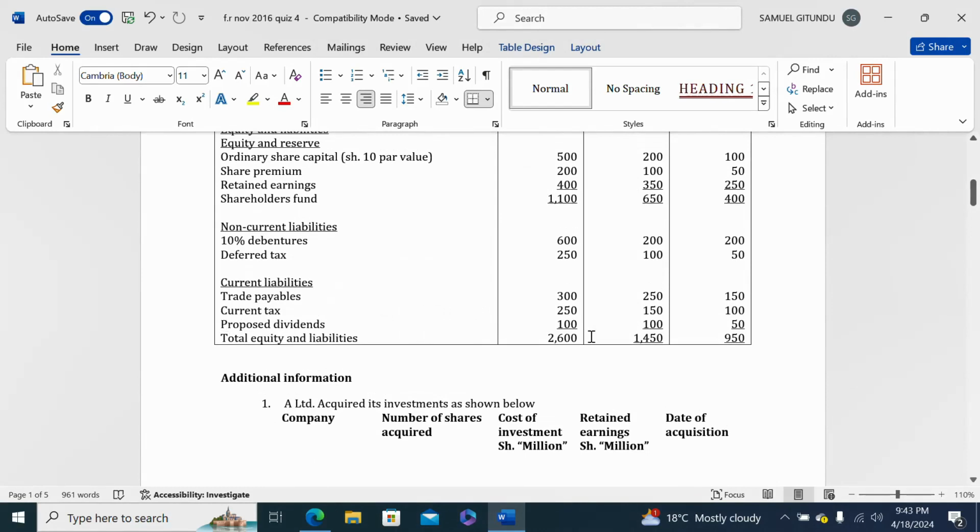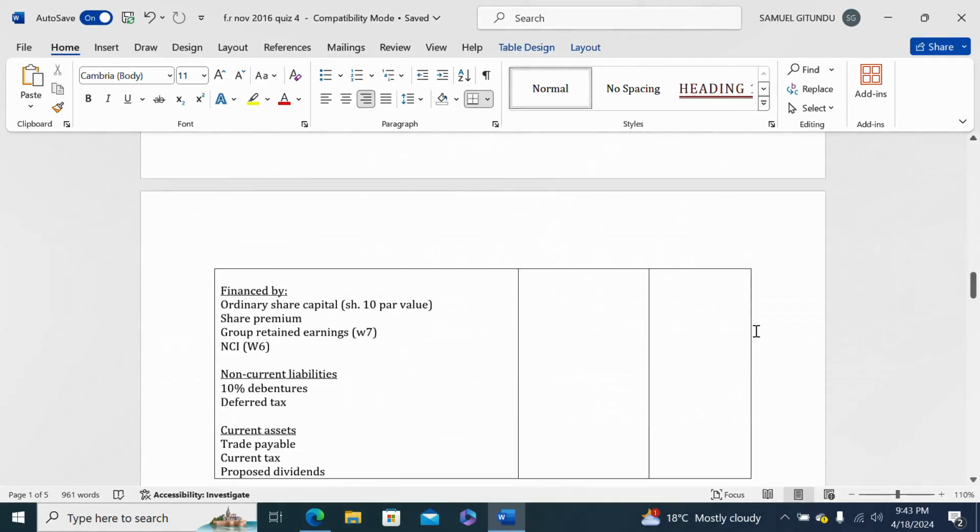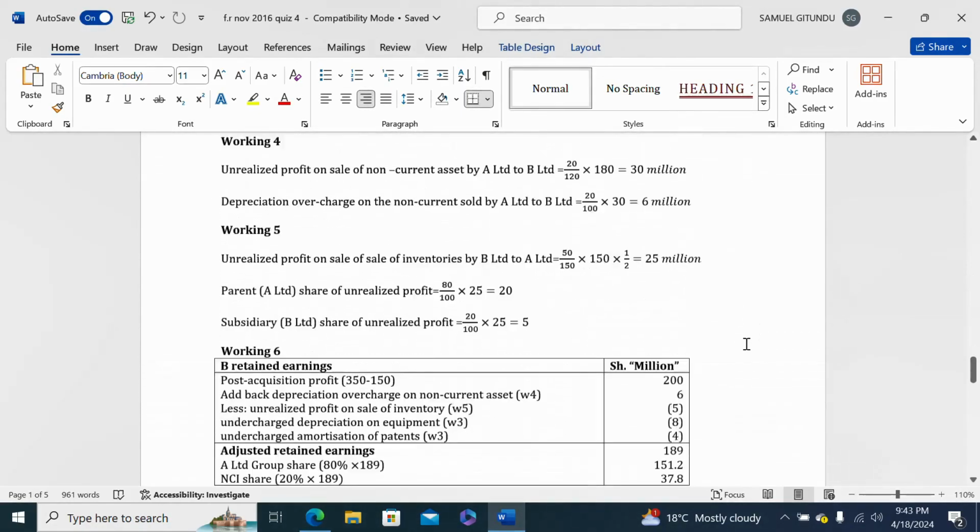So we have the proposed dividend. The associate was proposing a dividend of 50 million. So the parent will share.